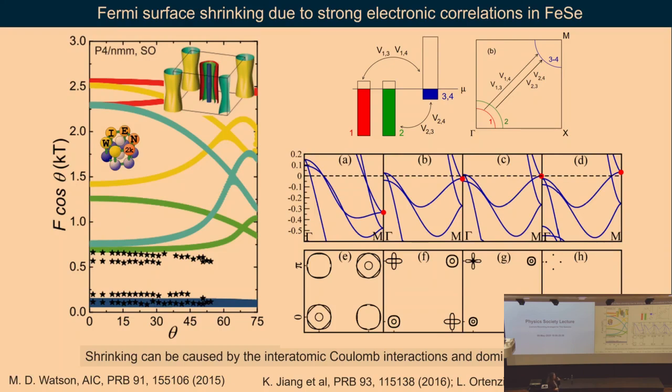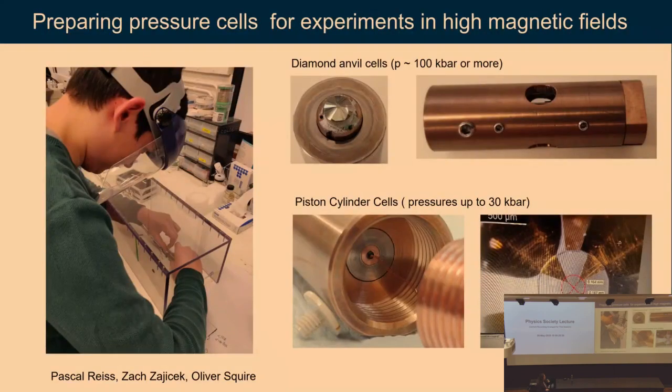The interband interactions, meaning interactions between the hole and electron pockets, are extremely large, and they cause this shrinking of the Fermi surface. This is another manifestation of why these materials are not easy to understand, because just doing a calculation is not enough to know what happens in reality. One has to do the measurements to be able to work things out.